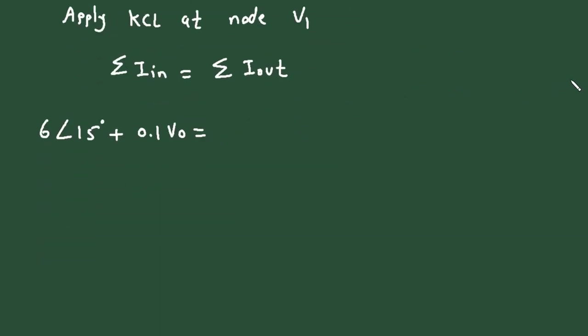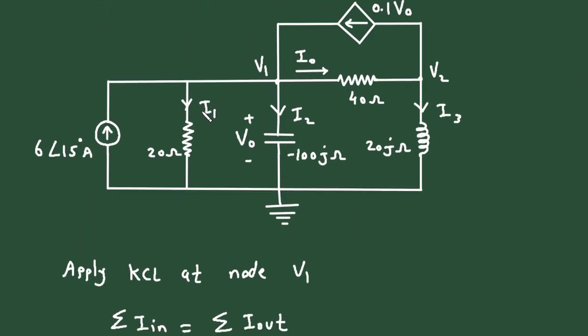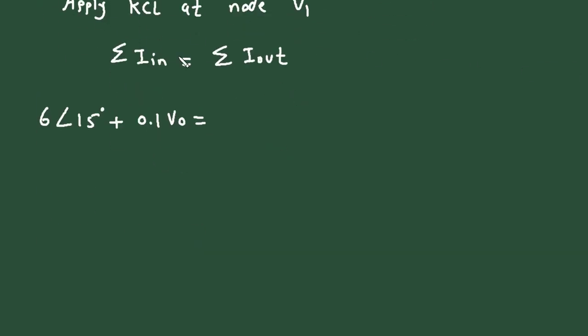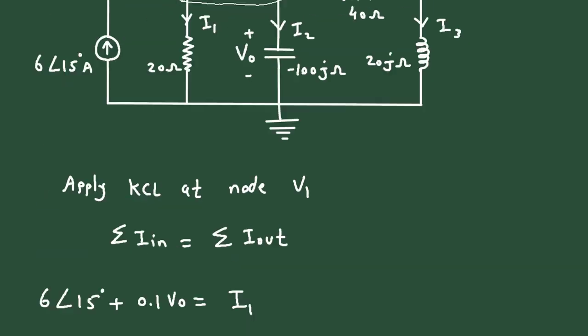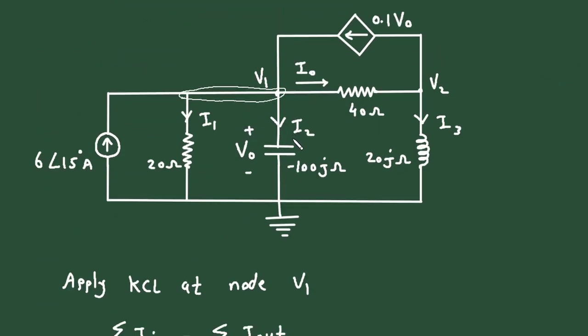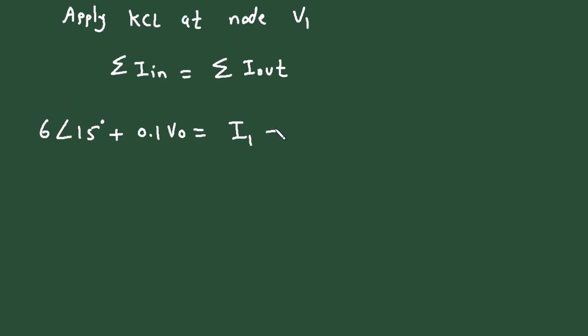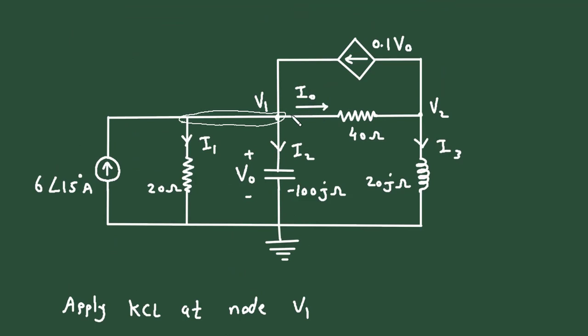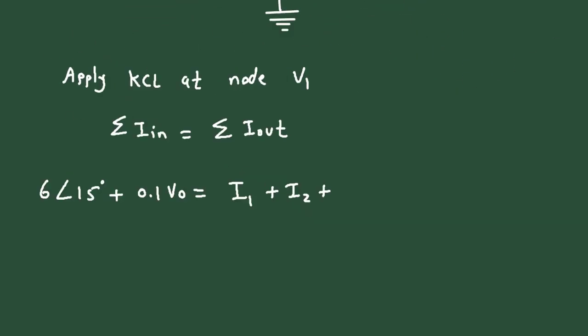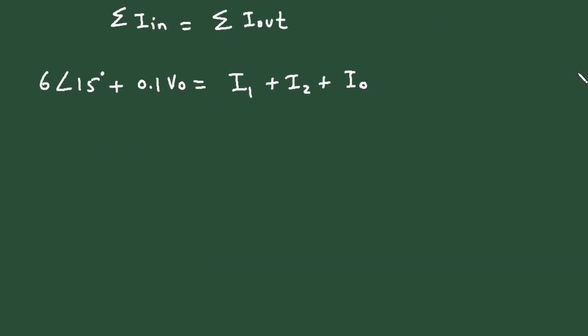Then is equal to the leaving current. Here we can see this whole forms a single node. So I1 is the leaving current, then I2 is also a leaving current, so plus I2. Then plus this Io is also a leaving current, so plus Io.